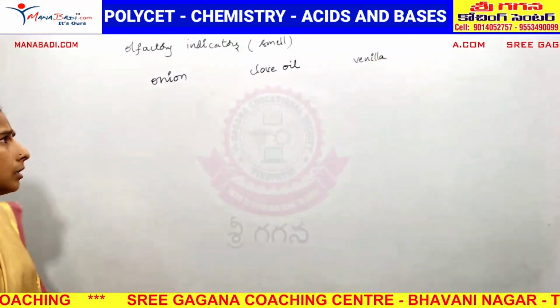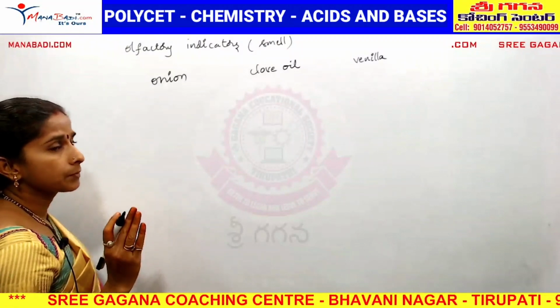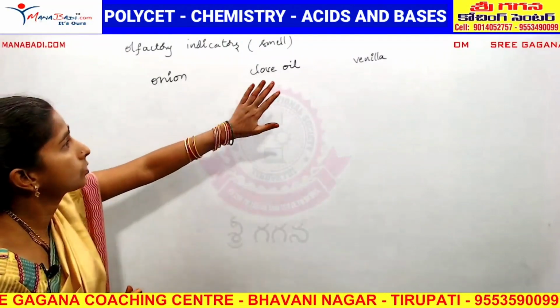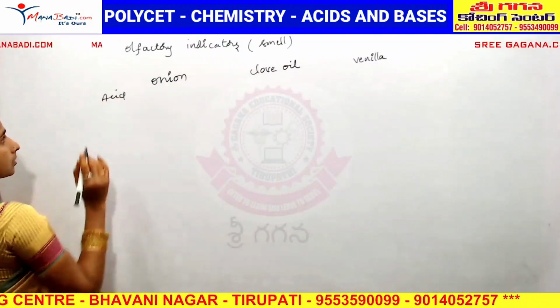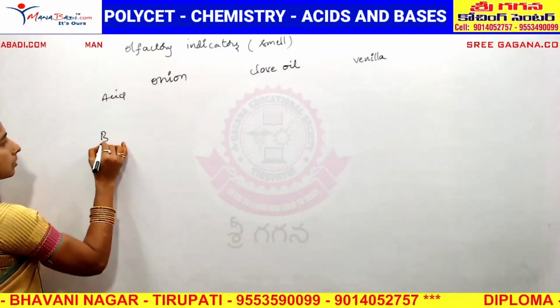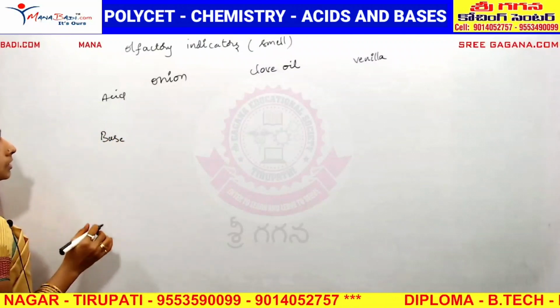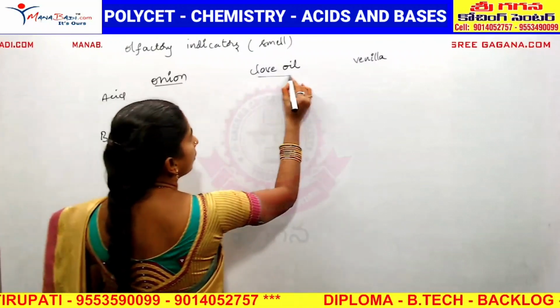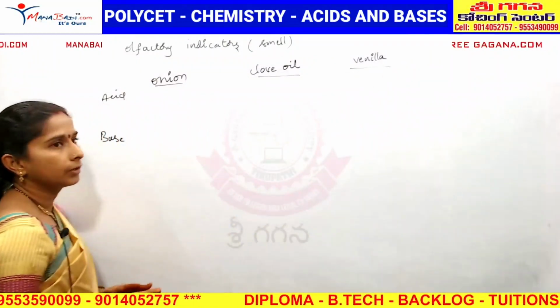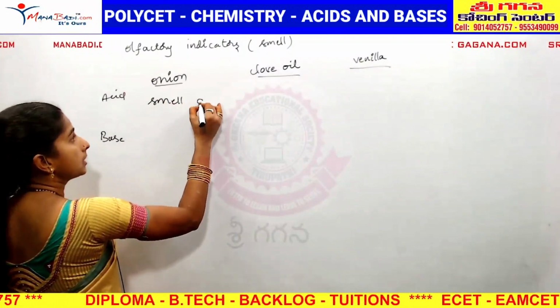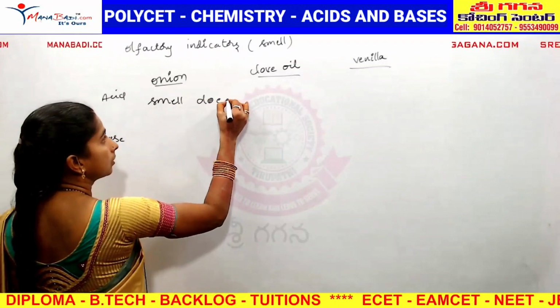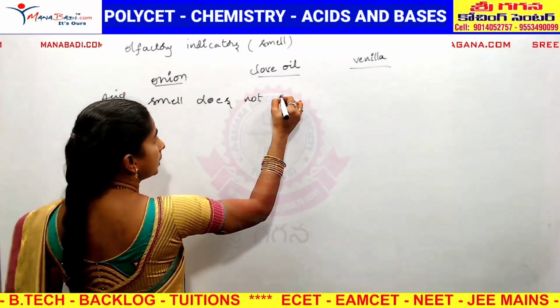All these substances have some smell. If we add acid, the smell remains for onion, clove oil and vanilla essence. The smell does not disappear.